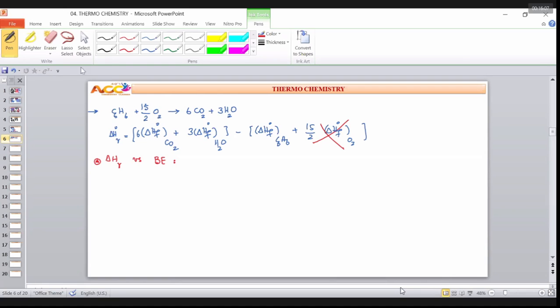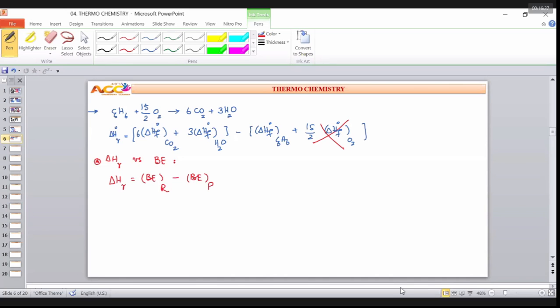Therefore, remember, since they are reverse of each other, enthalpy of reaction is equal to bond dissociation energy of reactants minus bond dissociation energy of products.